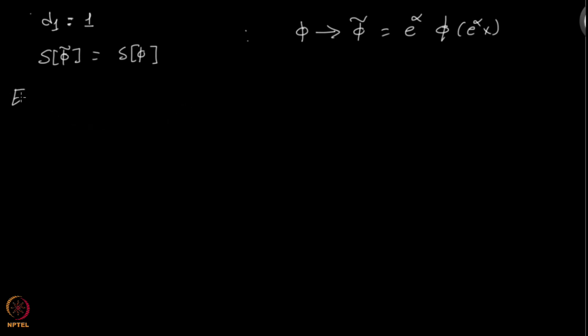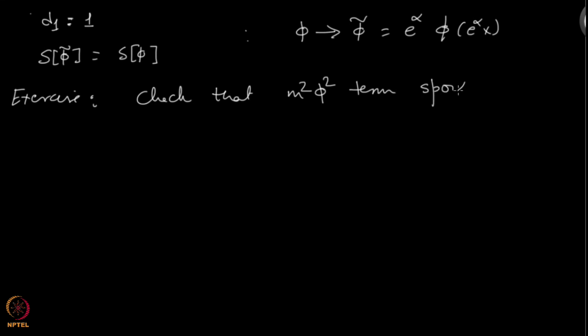Now check that if you put a mass term, m square, in this action, the mass term spoils the scaling symmetry.